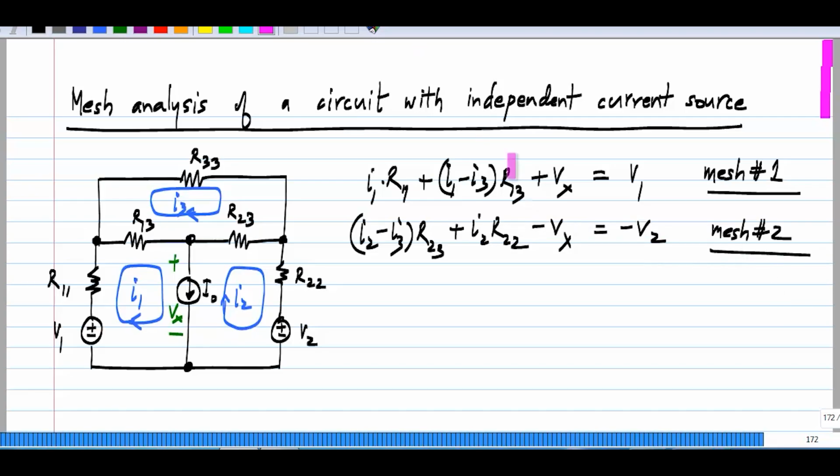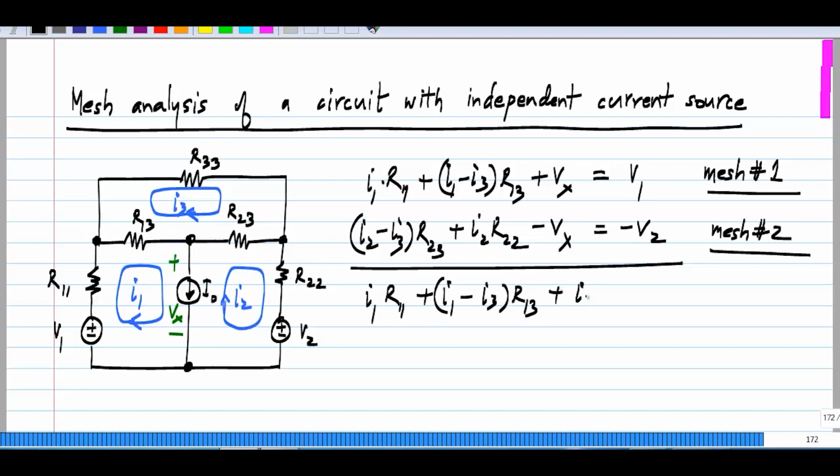The problem is this Vx, which we don't know, and just like before we sum the equations corresponding to these two meshes and we'll get I1 R11 plus I1 minus I3 times R13 plus I2 minus I3 times R23 plus I2 R22 to be equal to V1 minus V2.